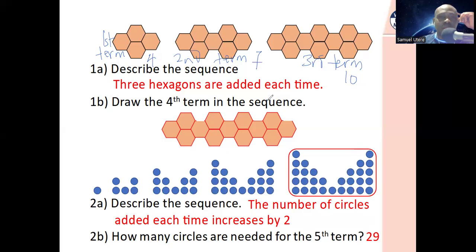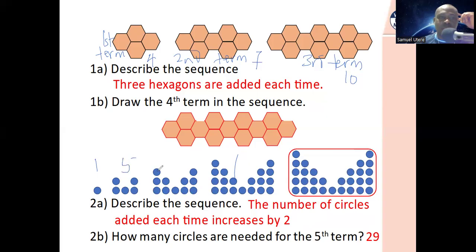And then for the next one, we can use the same skill. To describe the sequence, we just need to observe how the sequence is changing from one term to the next term. We can clearly see that the number of circles added each time increases by 2. If we write out the numbers, it will be easier. I can see that there are 5 here.